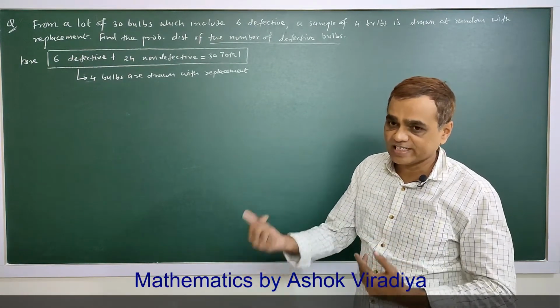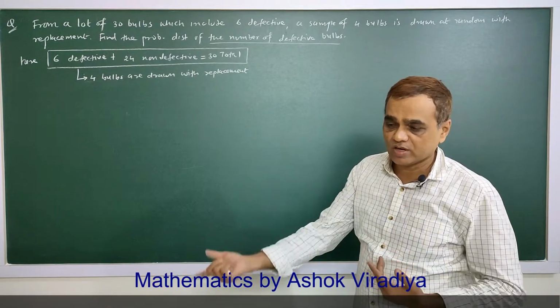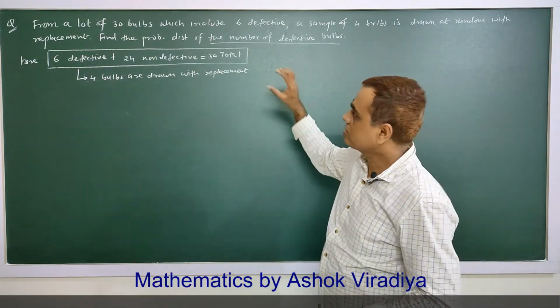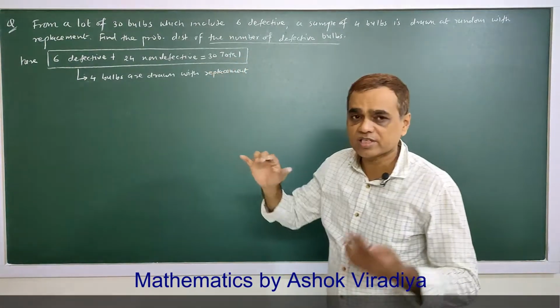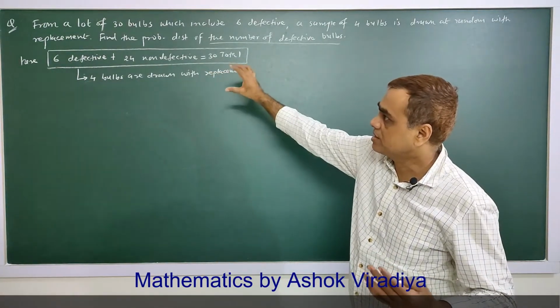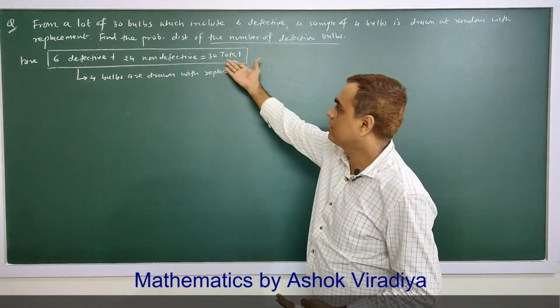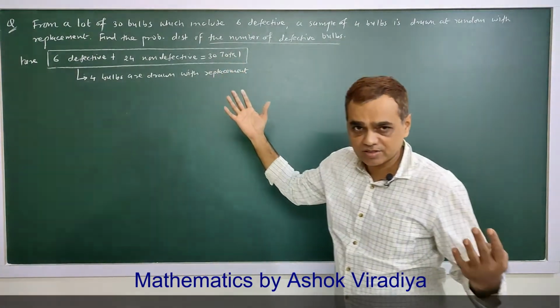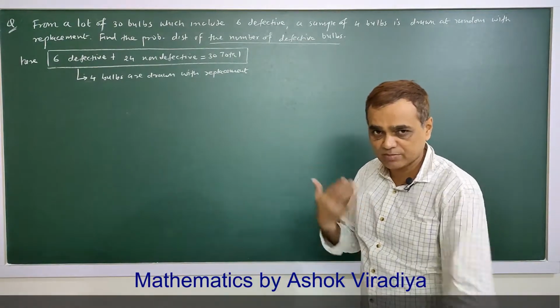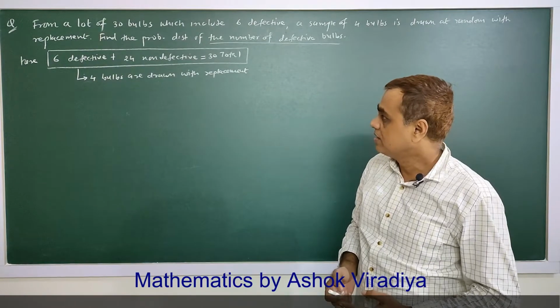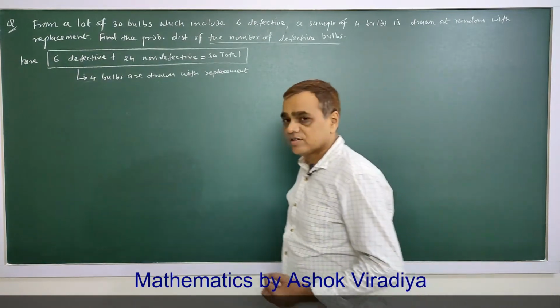So every time the status of this lot remains the same. Every time the lot contains 30 bulbs before taking the next bulb. That means we are taking 4 bulbs. So that is the meaning of this question.